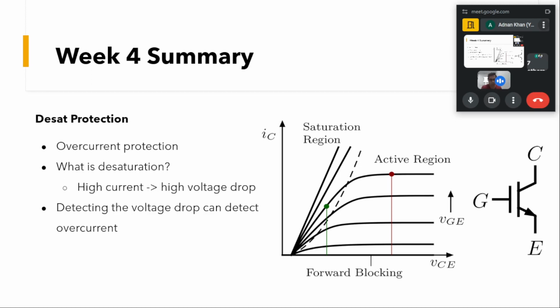If we set a threshold limit, and our current increases by a huge amount, then our drop will increase, and if we compare that drop to some preset value and it increases beyond that threshold, it can signal the gate driver to withdraw the pulses, and our device will be turned off. This is how the DSAT protection will operate.